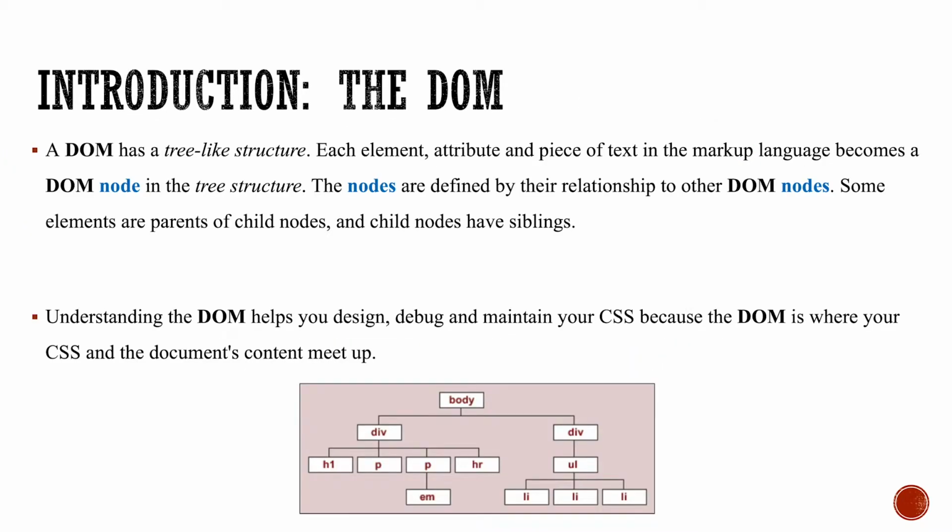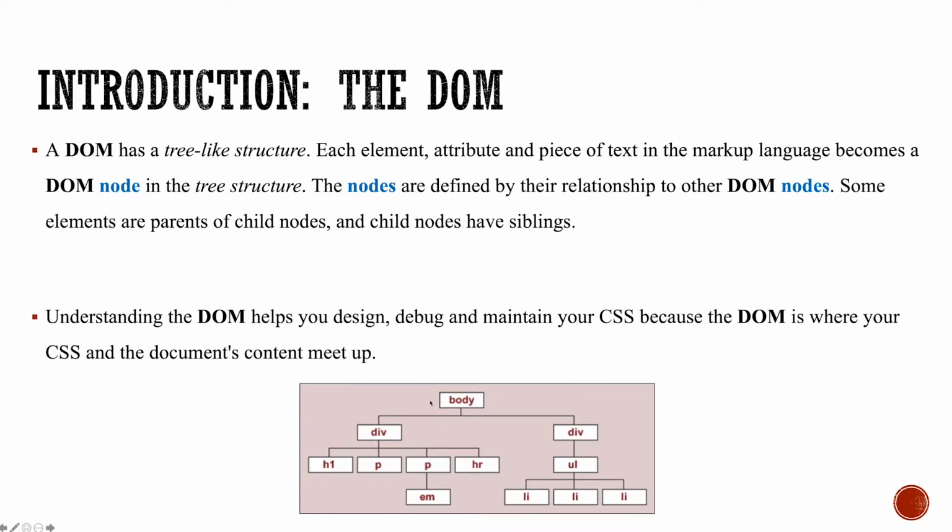The DOM is like a tree structure, and every element, attribute, and piece of text in the markup language becomes a DOM node. The nodes are defined by their relationship to other DOM nodes. For example, in my HTML, I have a body tag.